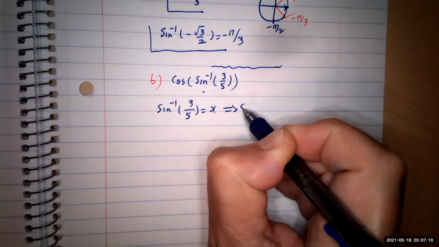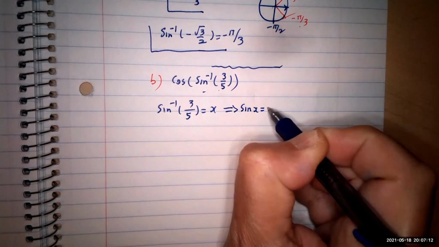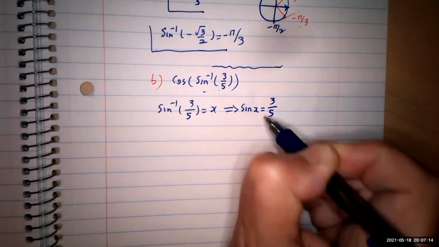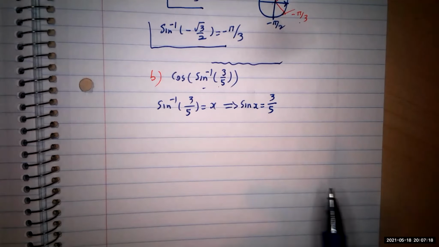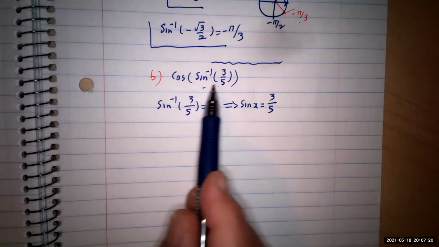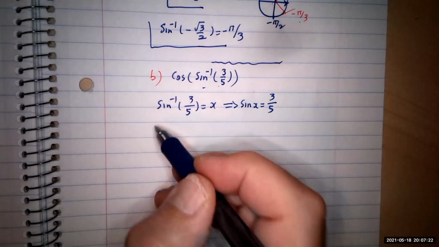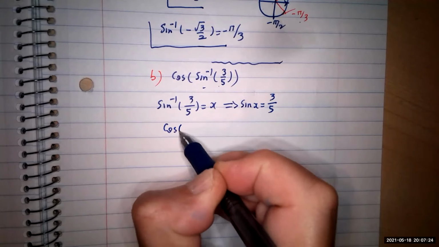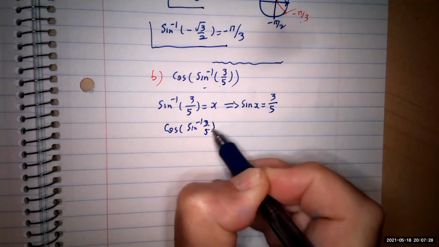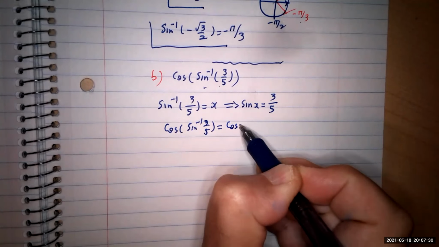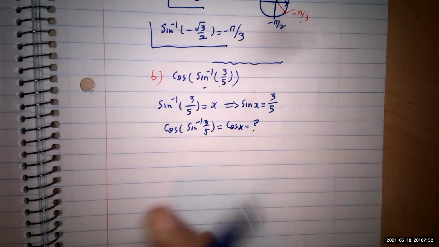So quickly that gives you sine x equals 3/5. So now this means just cosine x. Okay, this means only cosine x. So the cosine of the sine inverse of 3/5 is just cosine x, which is missing.